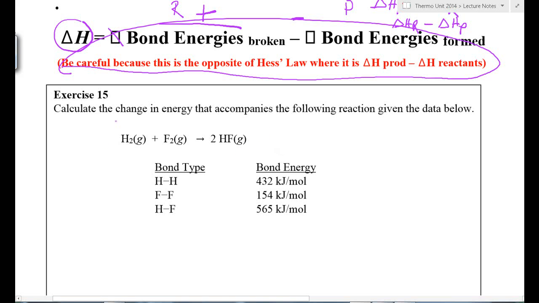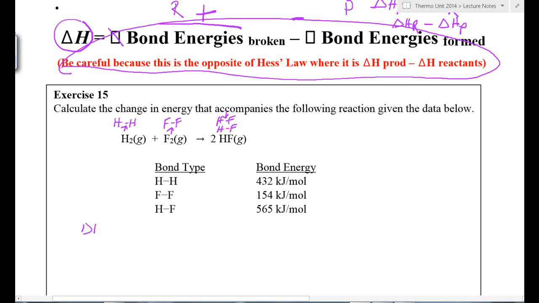Okay, so let's take a look at what we have here. So we have H, right? We're breaking this bond. We have an F, we're breaking this bond. And we are making two HFs. So energy is released when these bonds are formed.